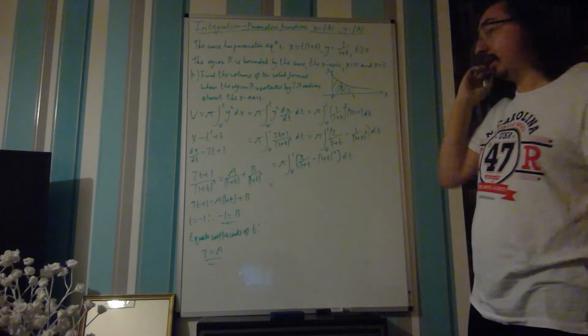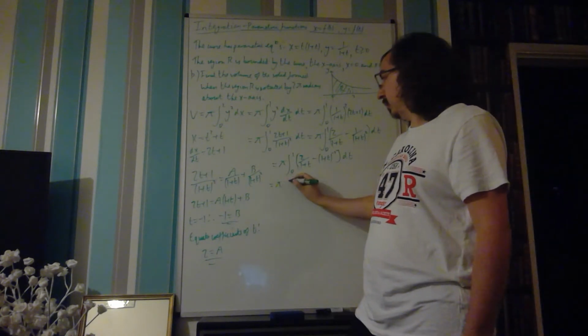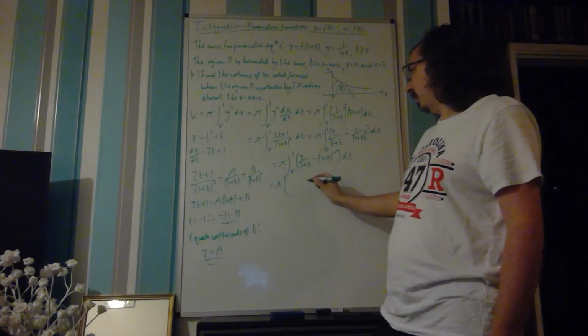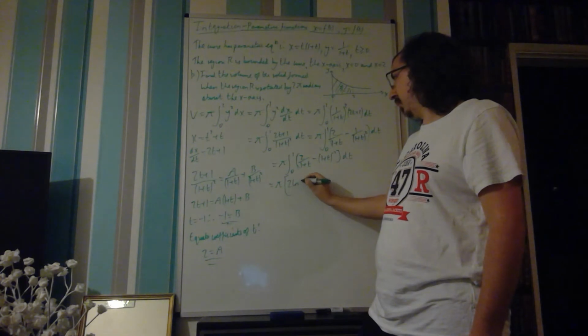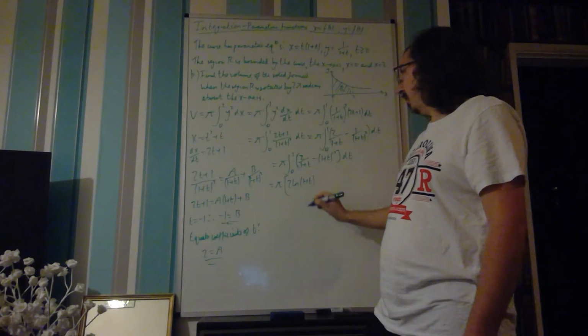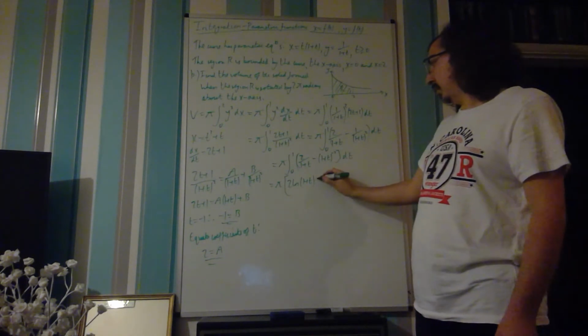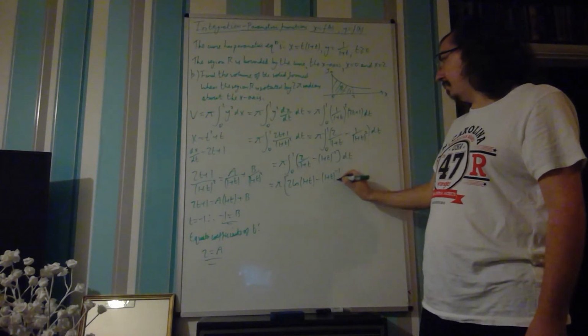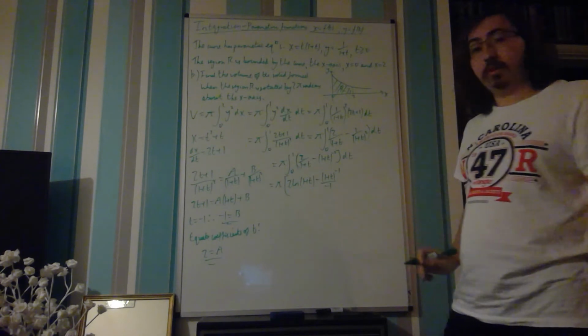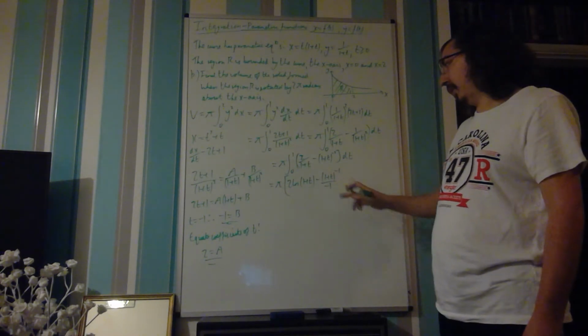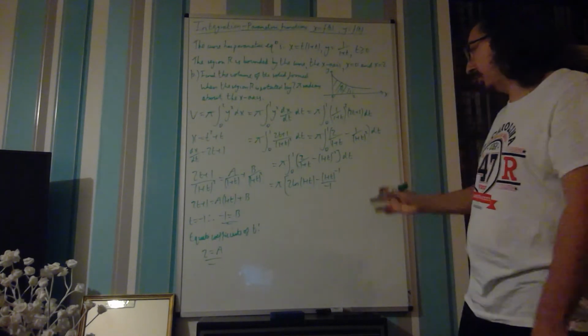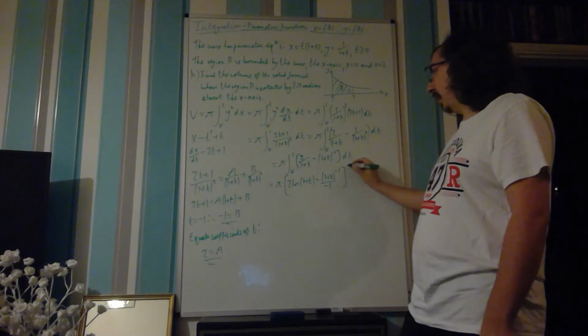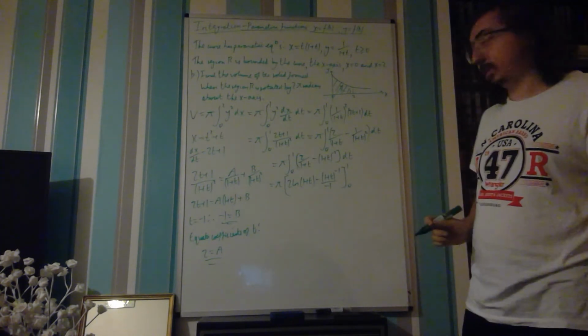And then we can apply usual integration rules. So we have pi, 2 over 1 plus t becomes 2 the natural logarithm of 1 plus t, minus 1 plus t raised the power by 1 to minus 1, divide by the new power, and times by the differential of 1 plus t, which is just 1, so we don't need to write that. And make sure we have our limits between 0 and 1.